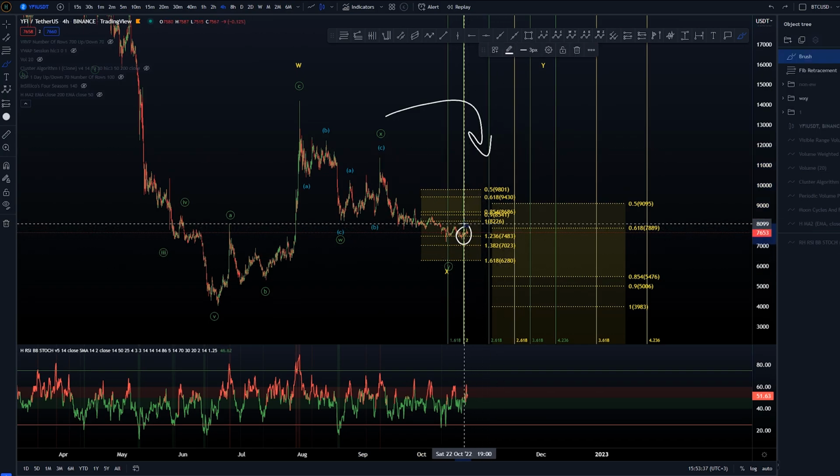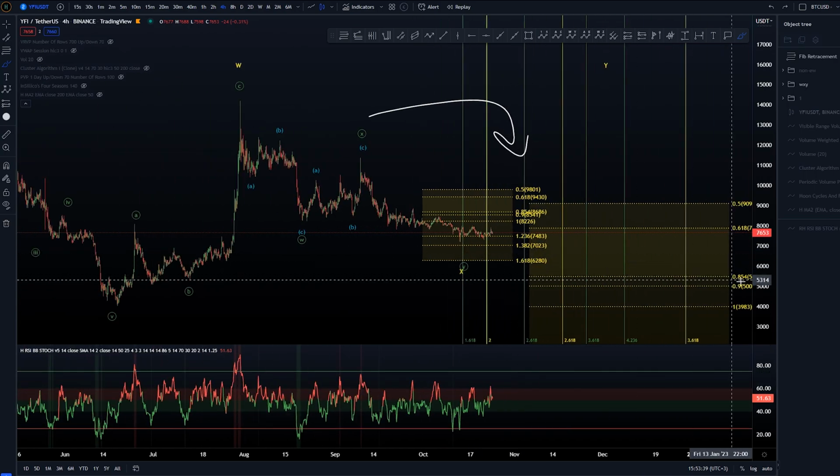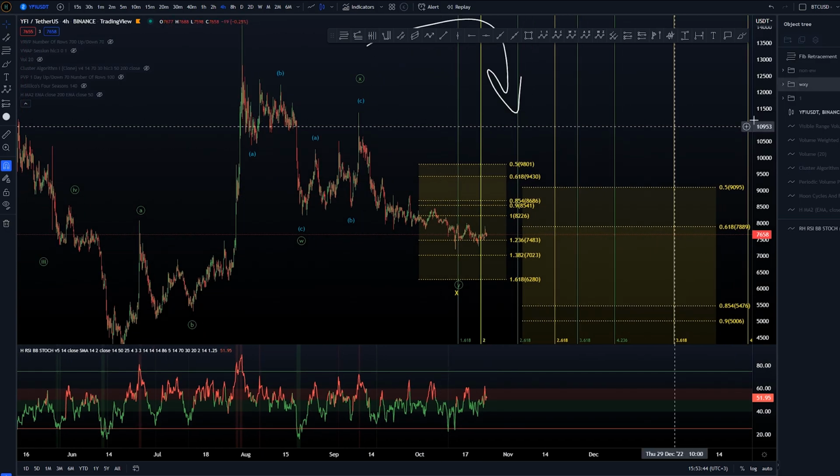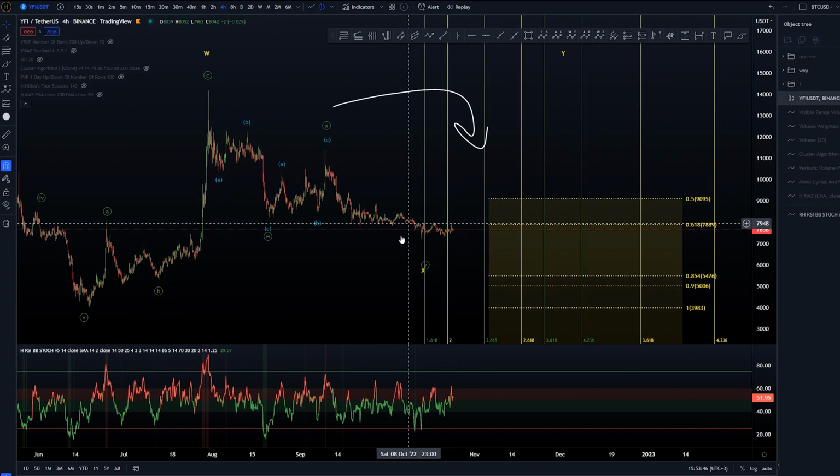At the moment, of course, this does not really fit too well into a very impulsive count of the lows, if we are zooming in soon. But yeah, that is definitely a possibility.